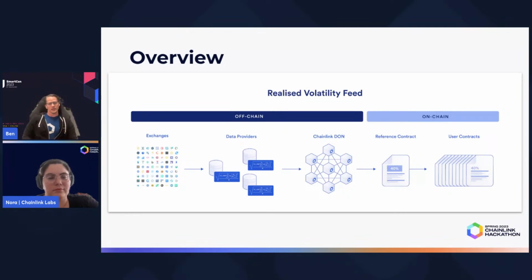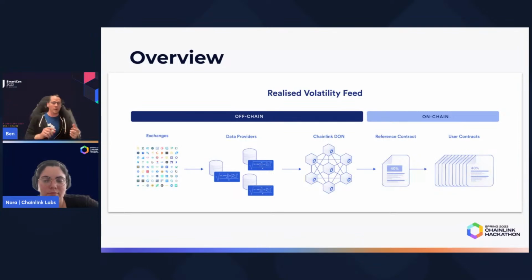Each hour, the Chainlink Oracle networks poll those data providers for the latest realized volatility measures, come to a consensus on those measures, and report those on chain. Again, the mechanics are the same as our asset price feeds work today.